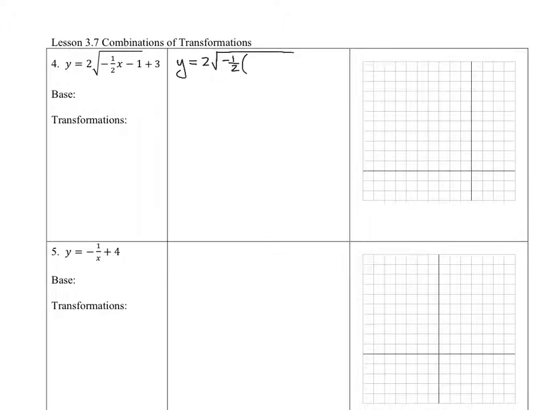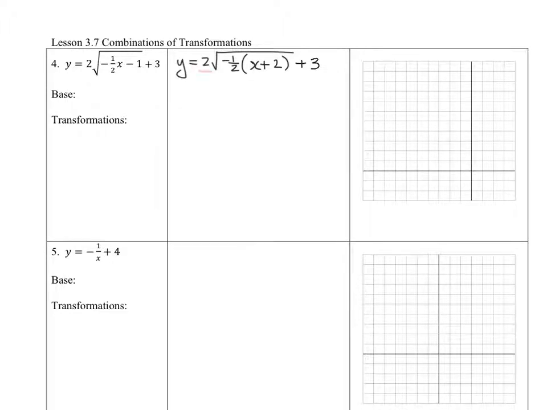So we're going to take out negative half from negative half x minus 1. So we're going to have x plus 2, because when you do negative 1 divided by negative half, it's the same thing as negative 1 times negative 2. So that's how we get this plus 2 there. And then we'll have the plus 3 on the outside.